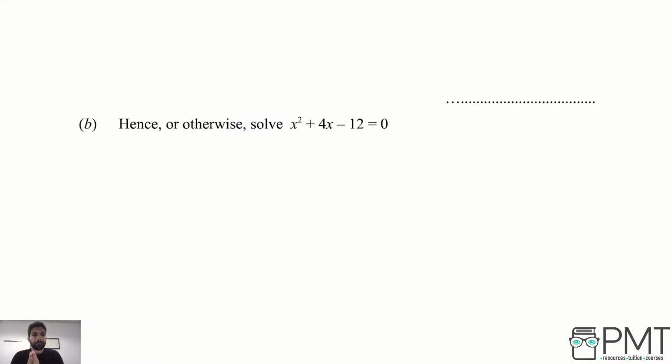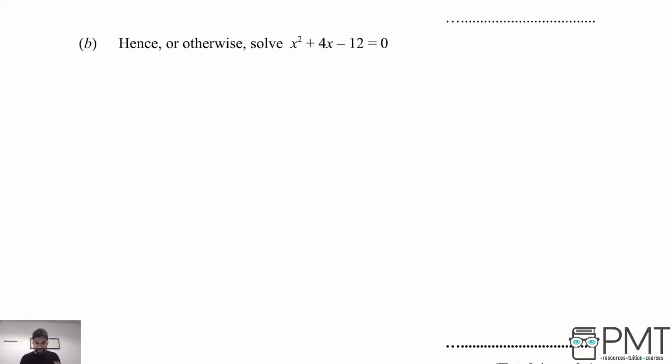So part B says hence or otherwise solve. So similar to hence or otherwise find the minimum point. In here we want to solve the equation. Again, it's a nicer way of writing the equation.